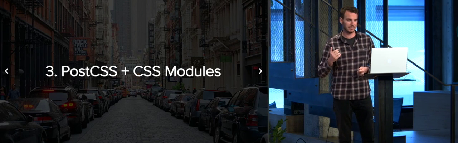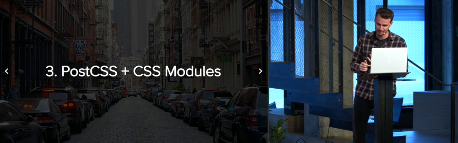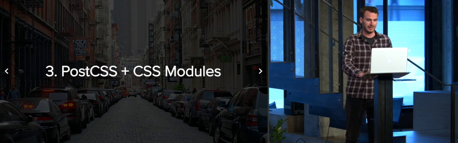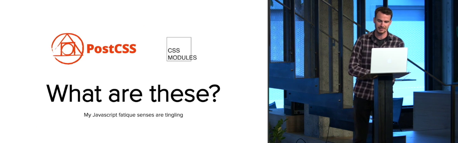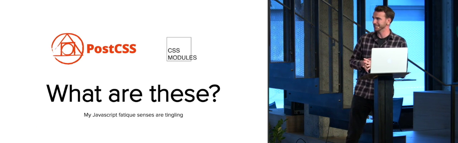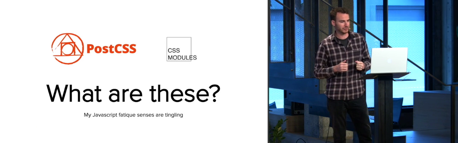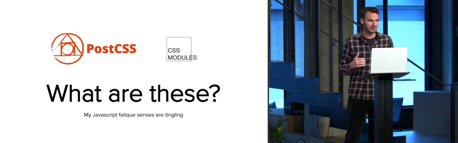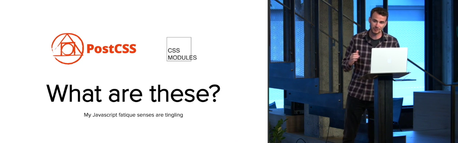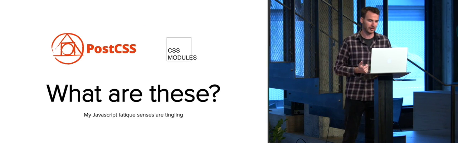But the next one that I'm going to elaborate on and talk more about is Post CSS and CSS Modules. So basically, it's not more stuff to make your JavaScript fatigue even worse. These are the natural evolution of where CSS is going to solve those global issues that I mentioned before.